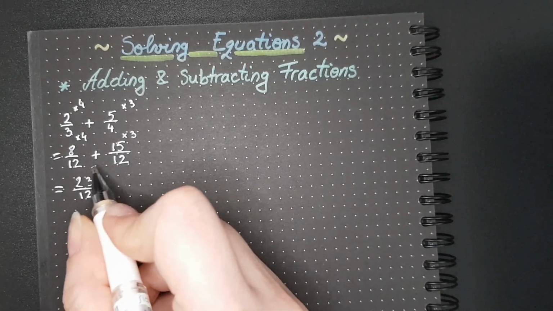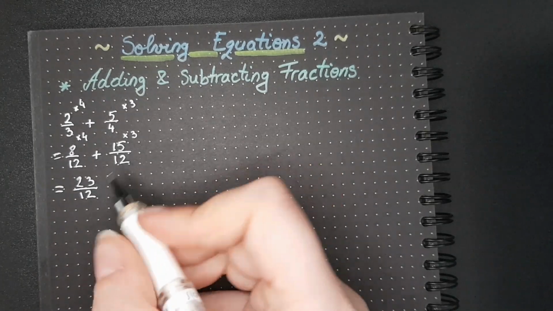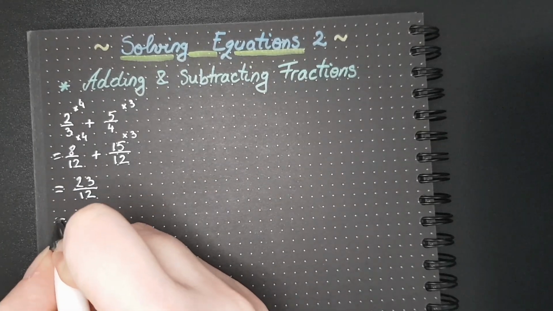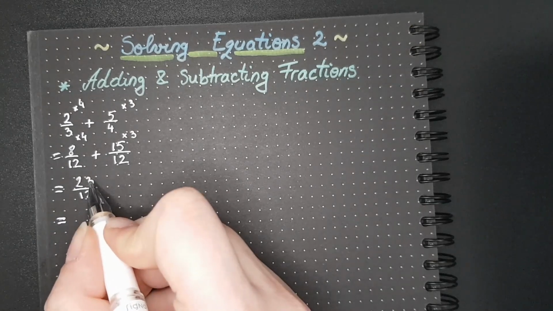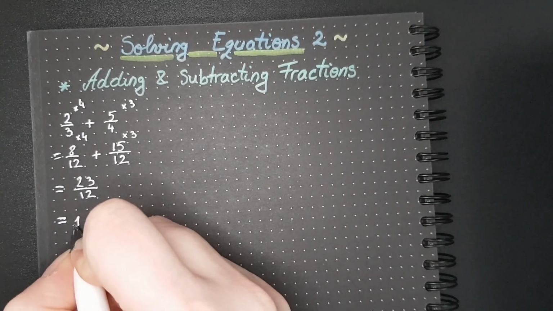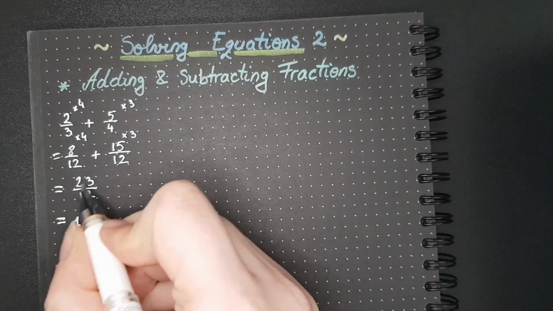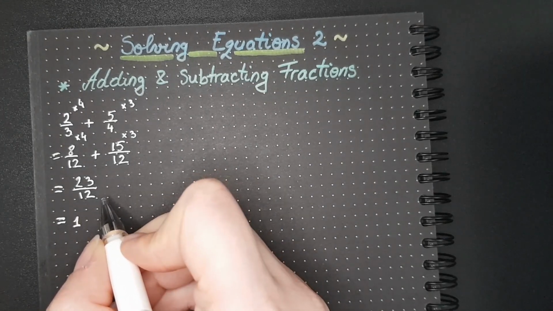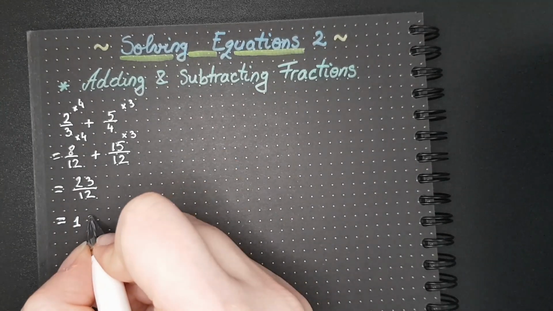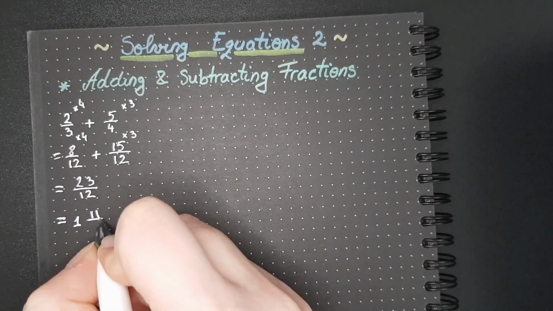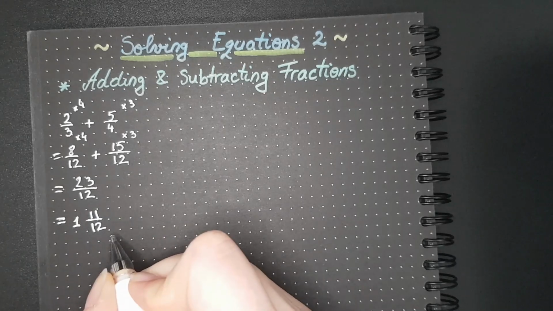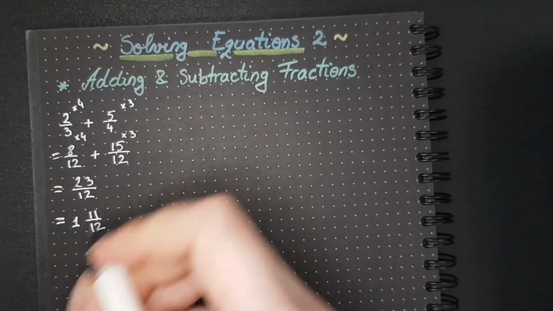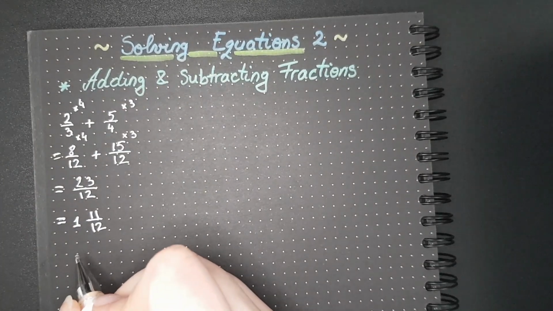For this one, I can't really do that, but I can write it as a mixed number. So to find out, I need to think how many 12s go into 23, and that's 1. And then I need to figure out the remainder, which is 11 over 12. So this is my mixed number over there, and this is how I do the addition.